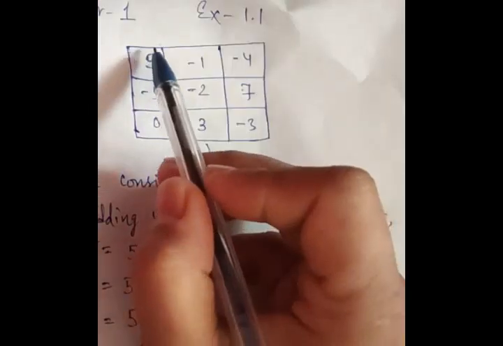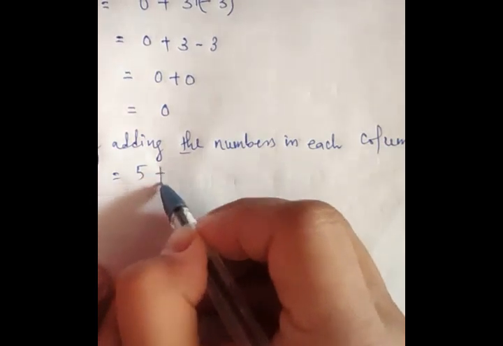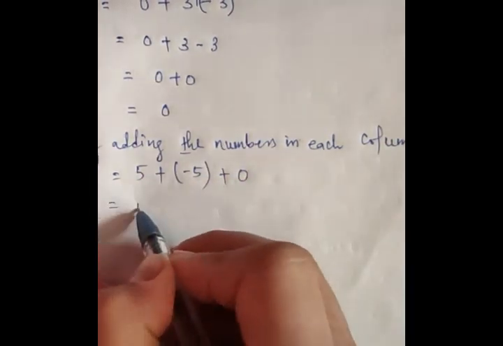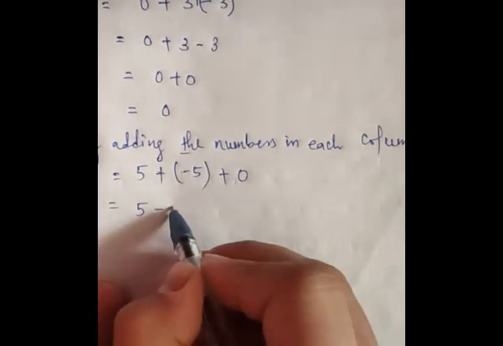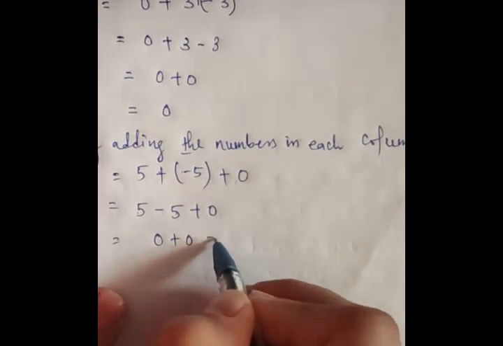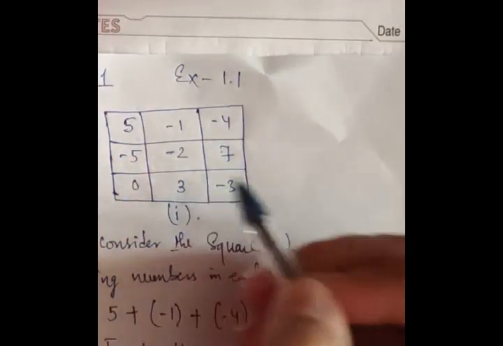So this is our first column. 5 plus minus 5 plus 0. So 5 plus minus is minus 5, plus 0. So 5 minus 5 is 0. 0 plus 0 is your 0. Okay, wonderful. So let us move on to the next column, that is minus 1, minus 2, 3.